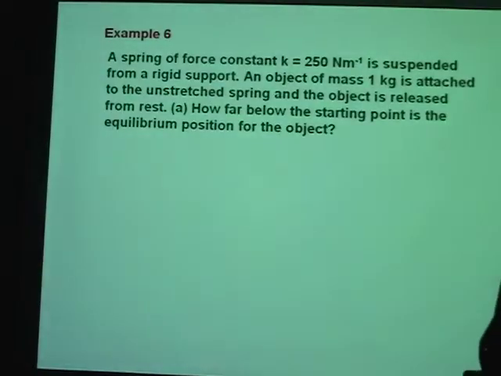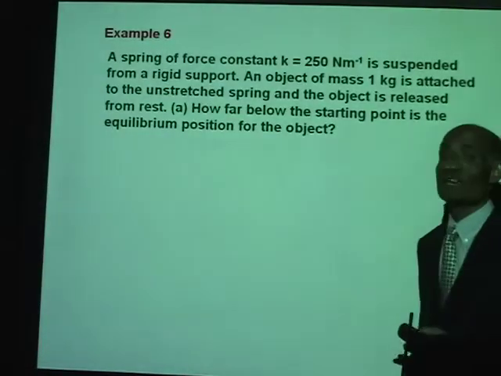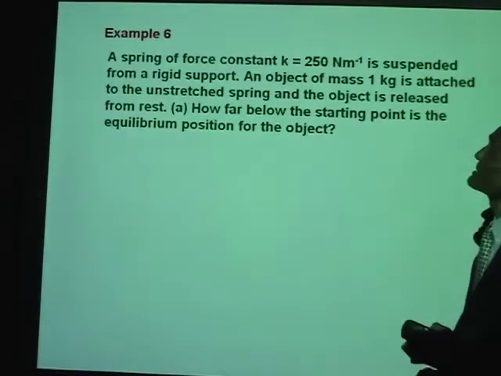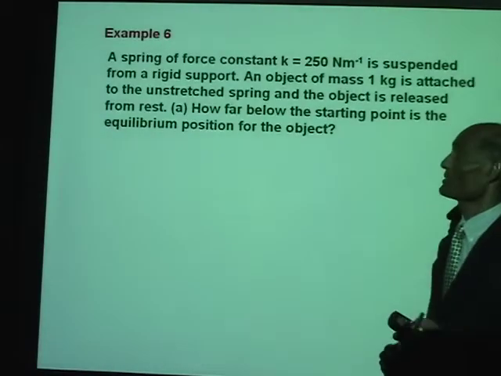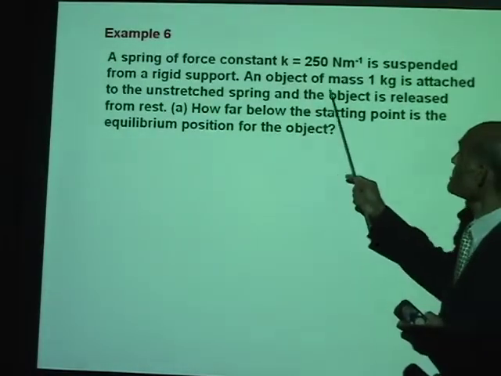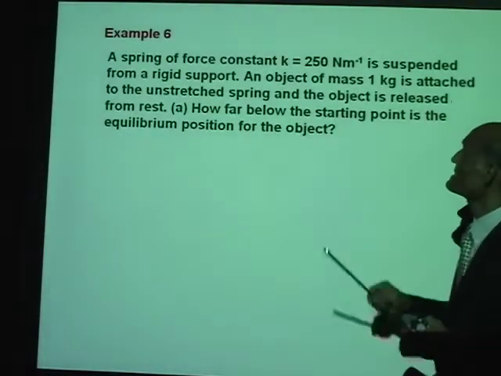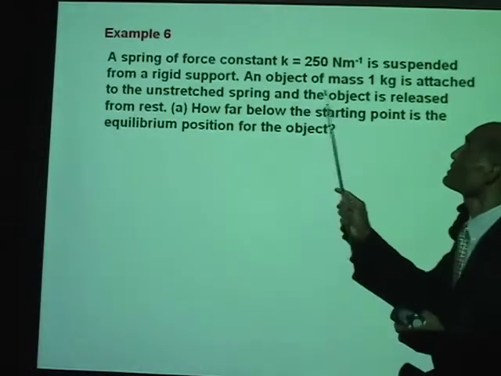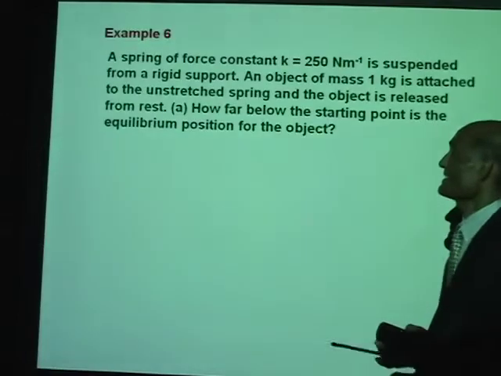A spring of force constant K equal to 250 Newton per meter is suspended from a rigid support. Form a mental picture when you read the problem. An object of mass 1 kilogram is attached to the unstretched spring and the object is released from rest.